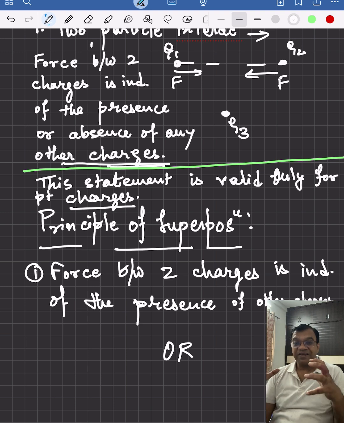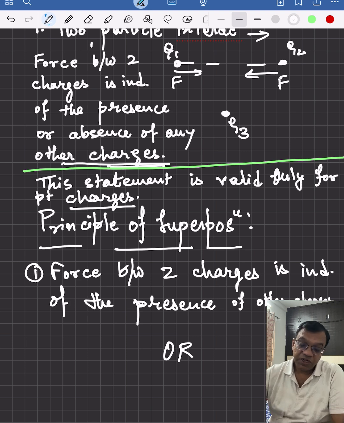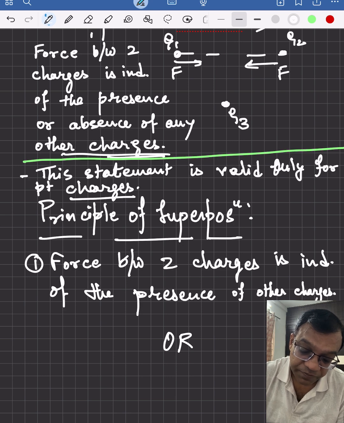When we have extended objects, the presence of one may affect the force between the other two objects because of electrostatic induction. So this statement, I say, is valid only for point charges.